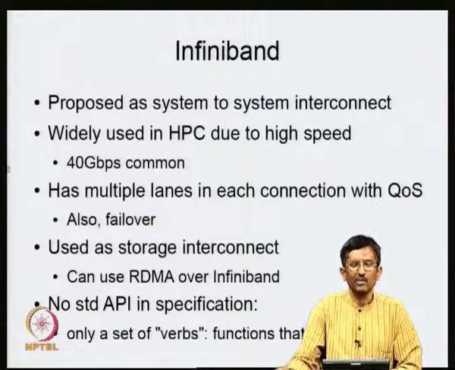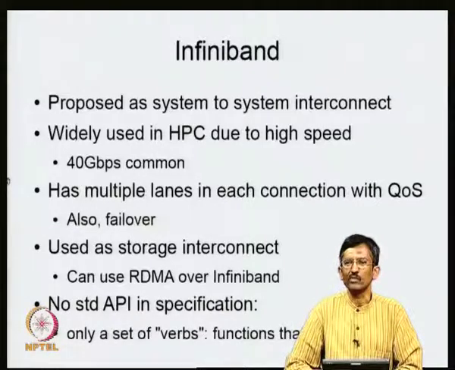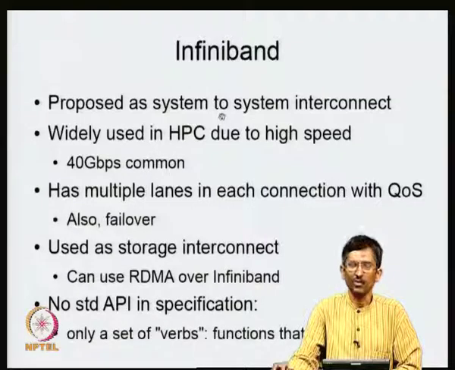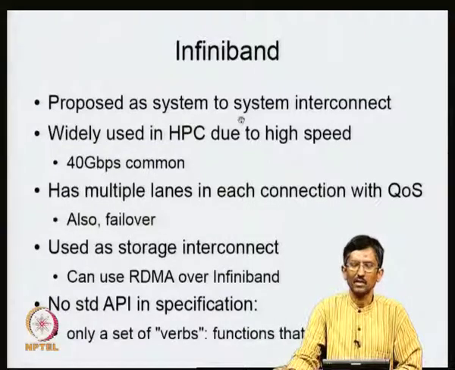Now there is another interconnect called Infiniband. Initially in the early 2000s, this was proposed as a system-to-system interconnect. The basic idea is that when CPUs have to talk to each other, in a multiprocessor system you need a high speed interconnect.